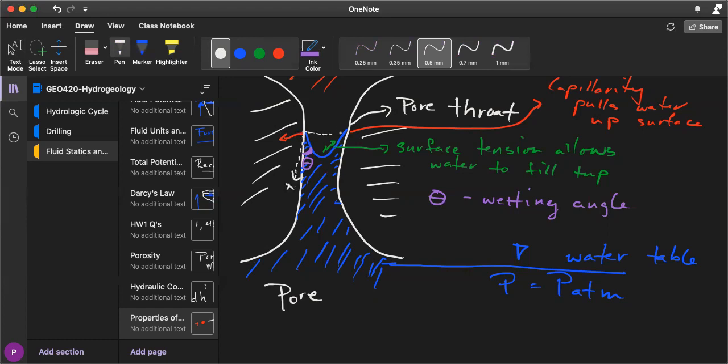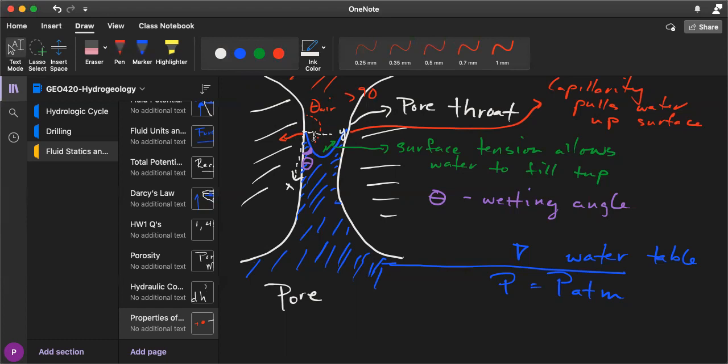There's X, there's Y. Now, there's an angle here for the air, and it's greater than 90. It goes all the way past my Y and over. So that angle is greater than 90.